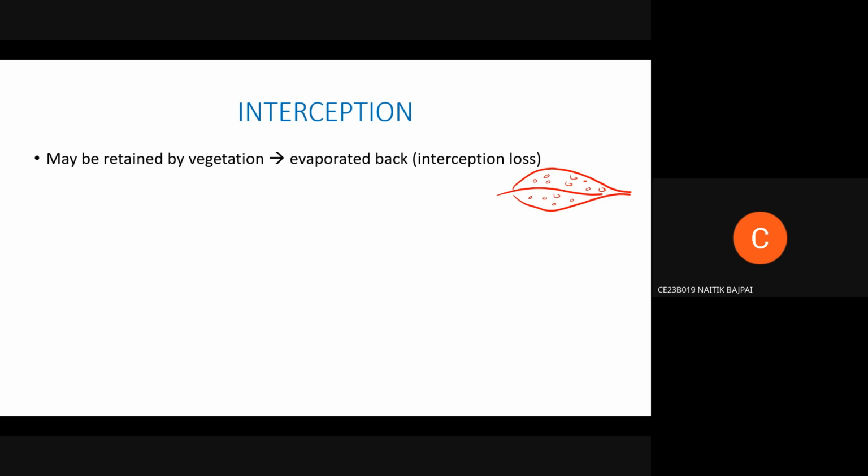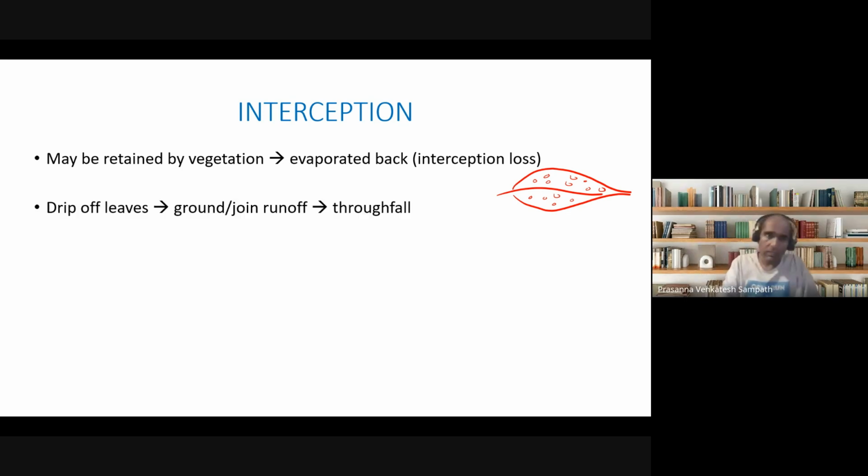So what else can happen? A strong wind can shake the tree and the drops might fall. Yeah, so that's one thing that can happen. The water can just drip off the leaves and fall on the ground, right? When they fall on the ground, they can join the runoff that's happening. These water droplets on the leaves can drip off because, as he said, maybe there's a wind blowing, or a monkey jumping from one tree to the other.